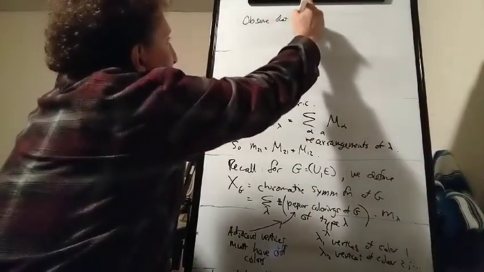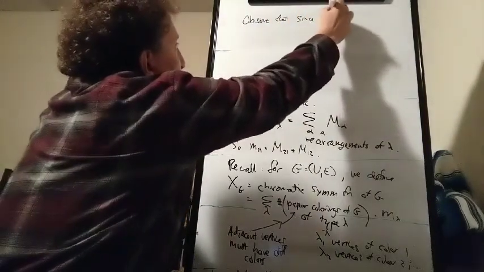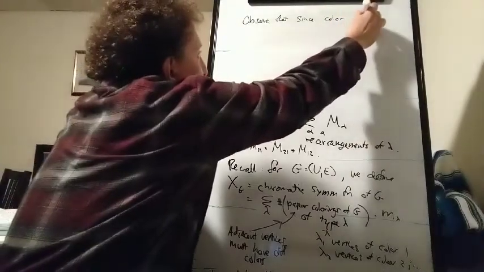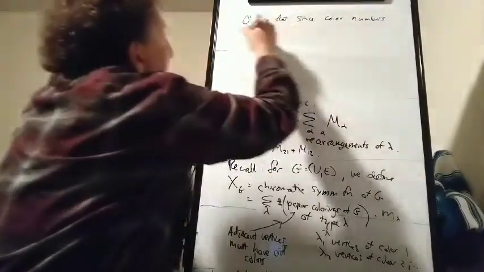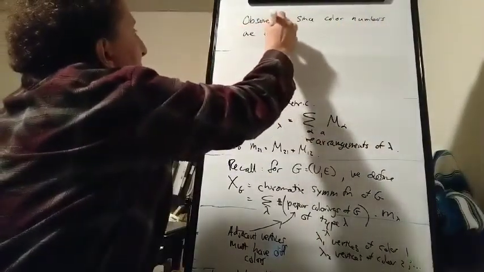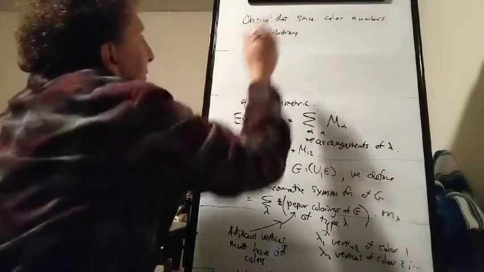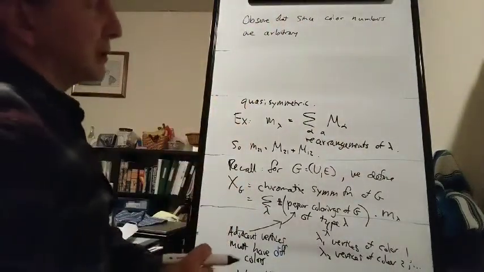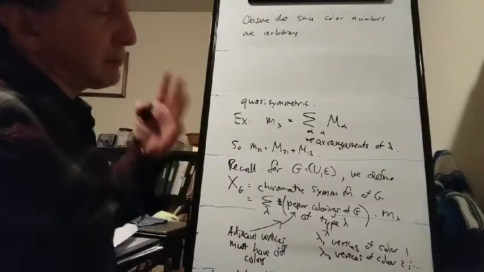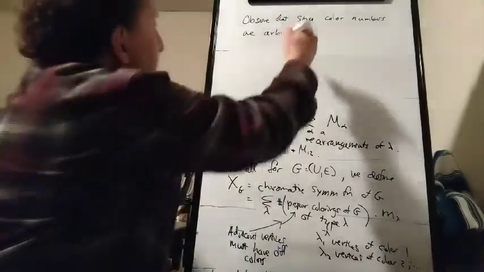Now observe that since color numbers are arbitrary, we could call blue color 1 and red color 2, or red color 1 and blue color 2.